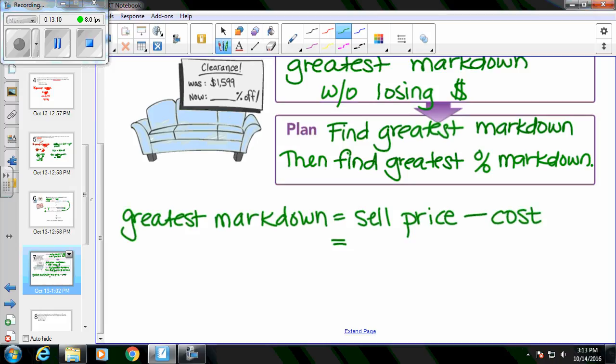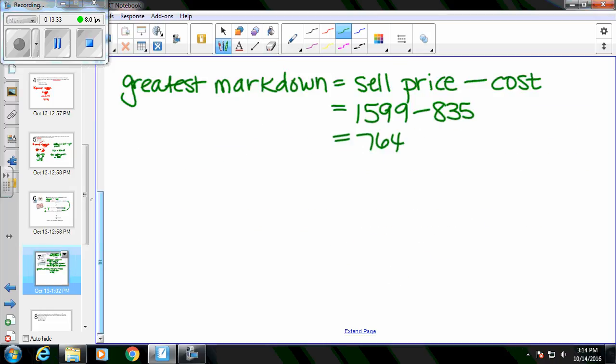So the selling price was $1,599. The cost was $835. When I do the math, I get $764. So they can sell those sofas for $764 and still break even or not lose any money.